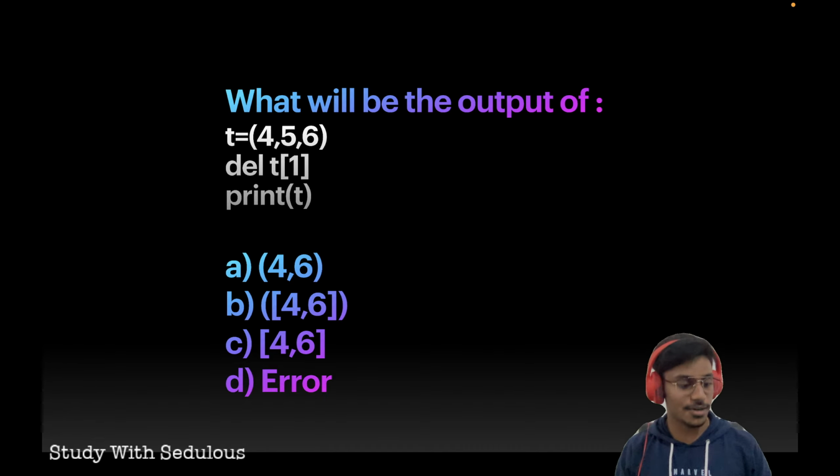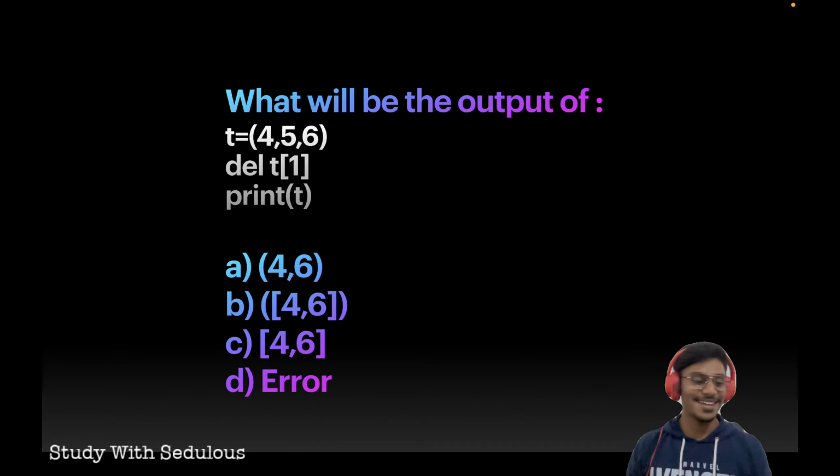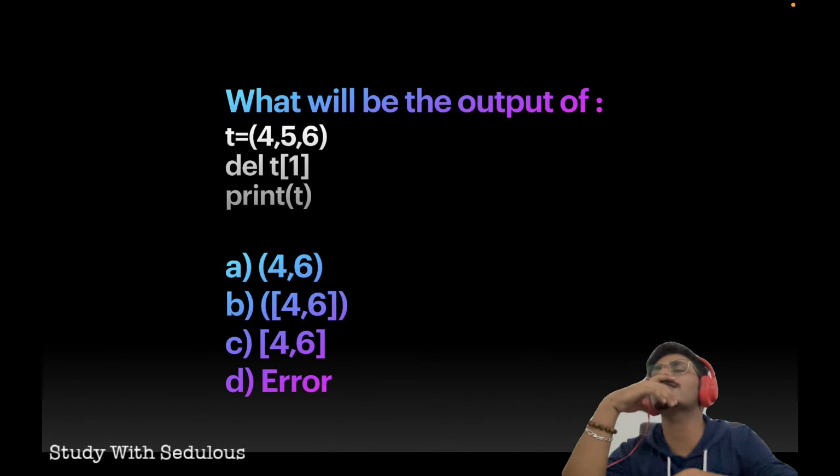About the Arduino Club, you can actually search on the internet for Arduino Club. You'll get that. Or after the session, I will post a link in the description. Fine. Okay. Now, coming to our topic, what will be the output of T is equal to 456? It's actually simple, bro. You can just go to Google, type Arduino Club. I actually forgot the correct link.